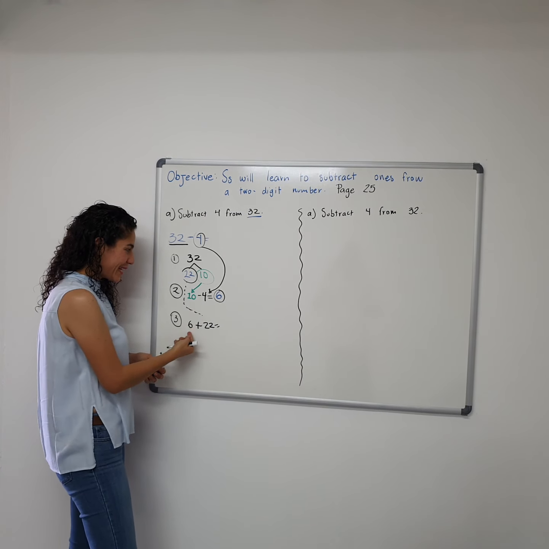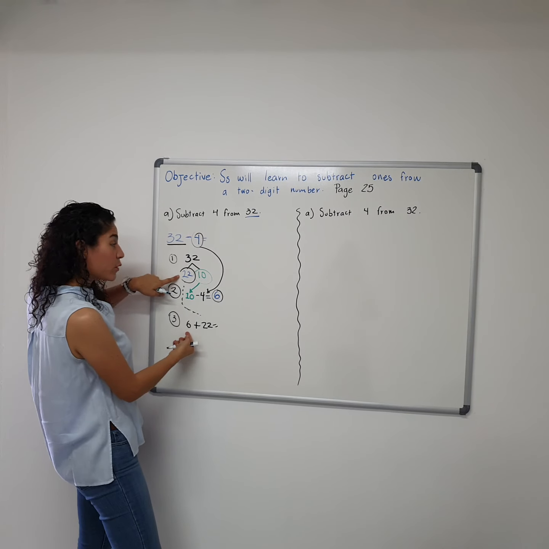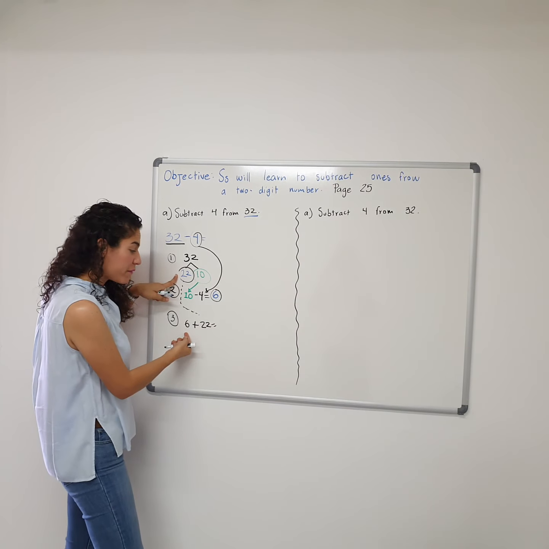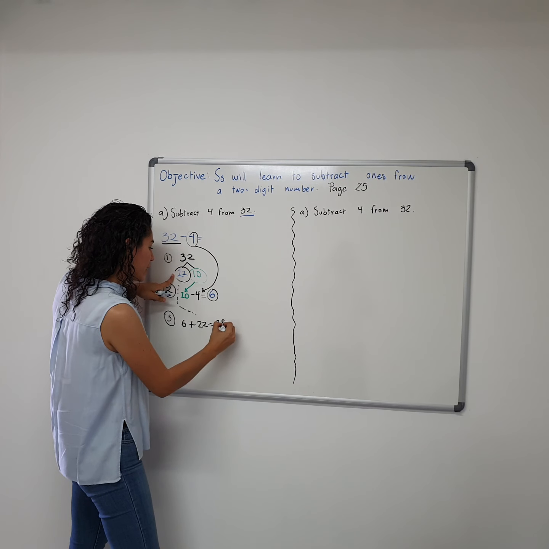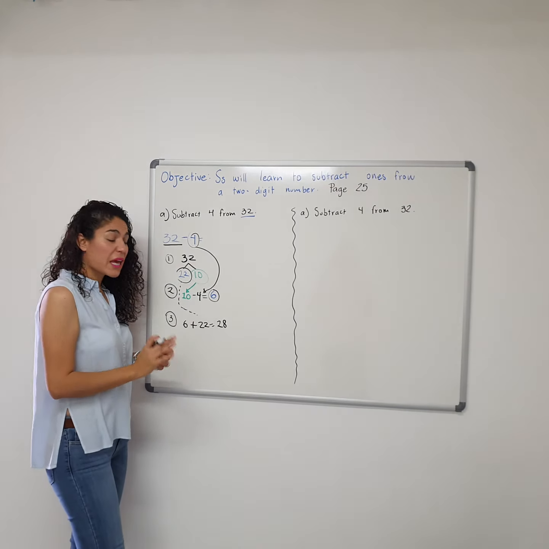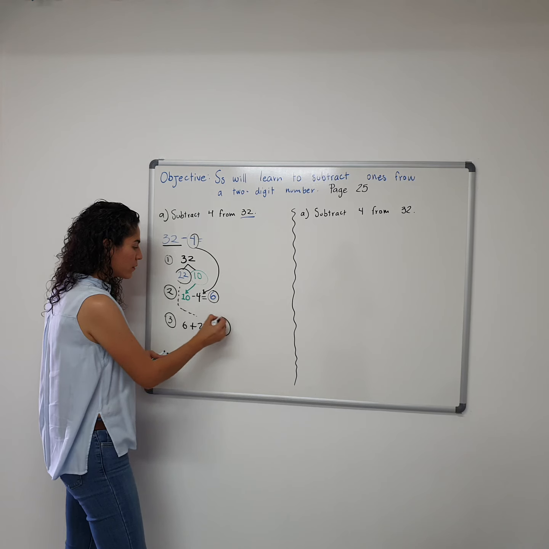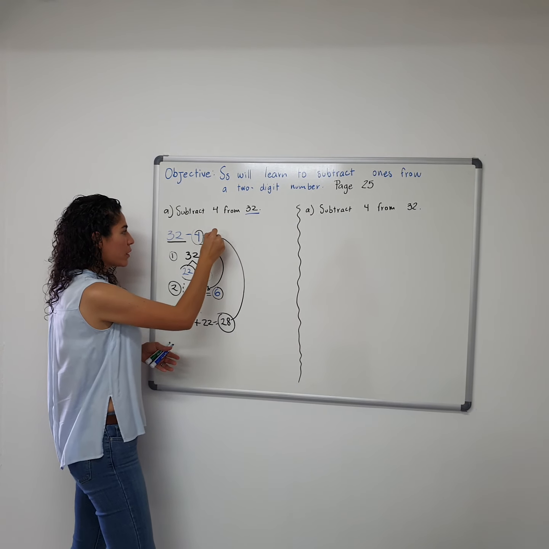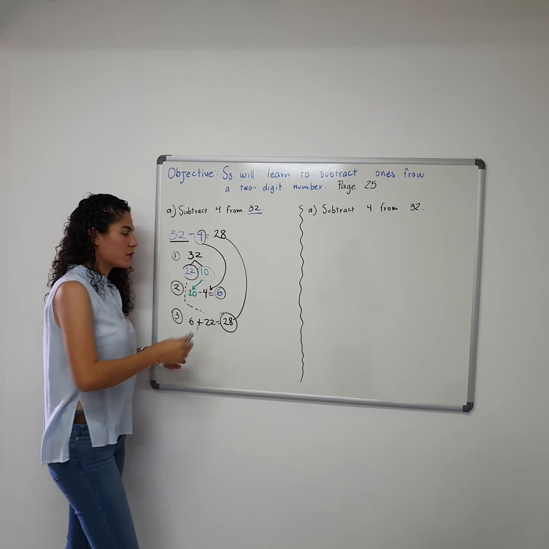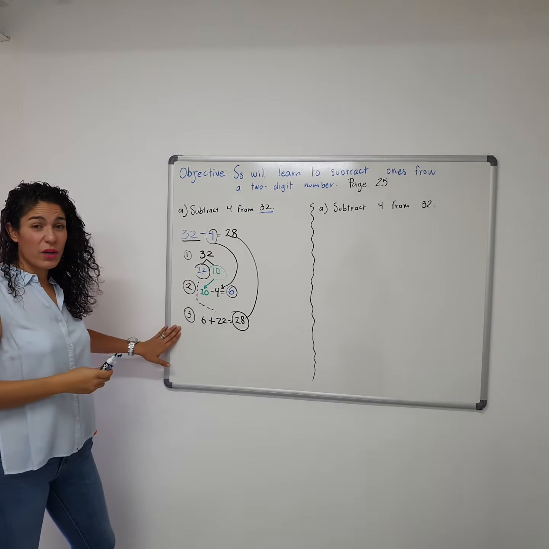We're going to use the 6 and add it to the 10s we have left. This is going to give us 28. And that's pretty much it. 32 minus 4 equals 28. These are the steps you have to do.